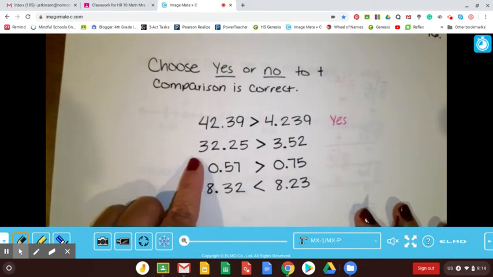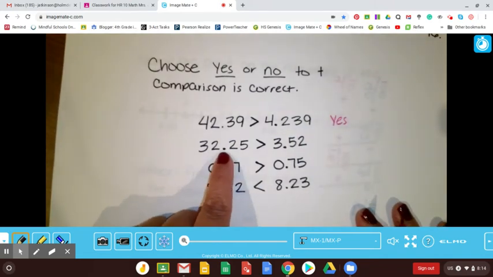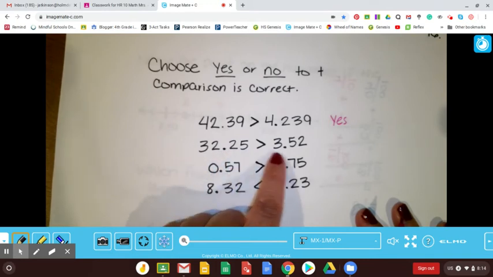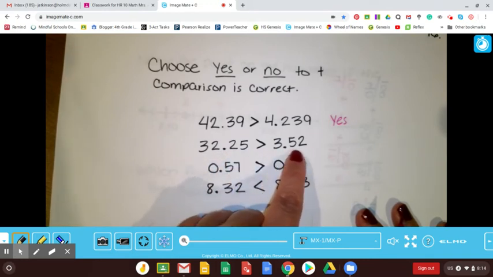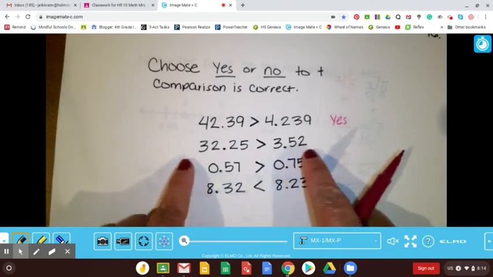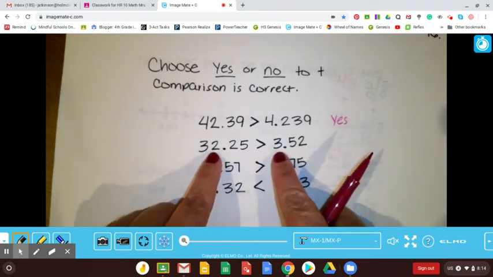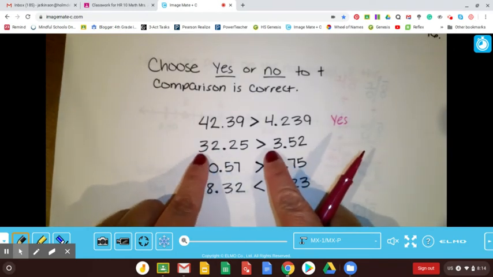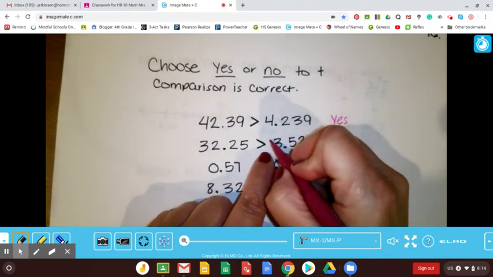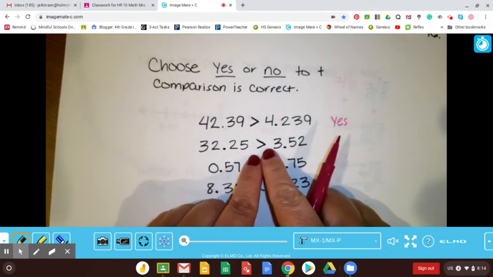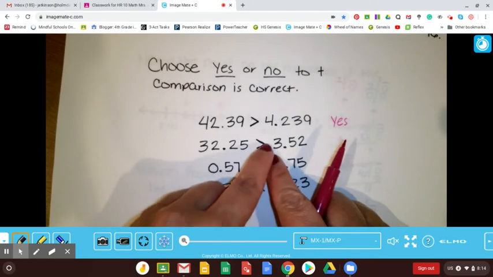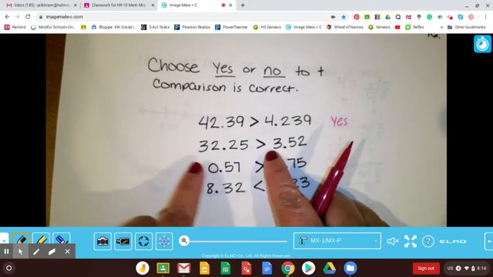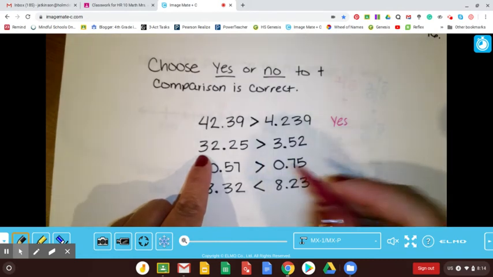All right, let's take the next one. We have 32 and 25 hundredths, and then we have a 3 and 52 hundredths. Well, again, I can compare them, right? This guy right here has nothing in the 10 spot, so that's a 0. I could draw that 0 if I wanted to. And this one has a 3 in the 10 spot. So the 32 is definitely going to be bigger.